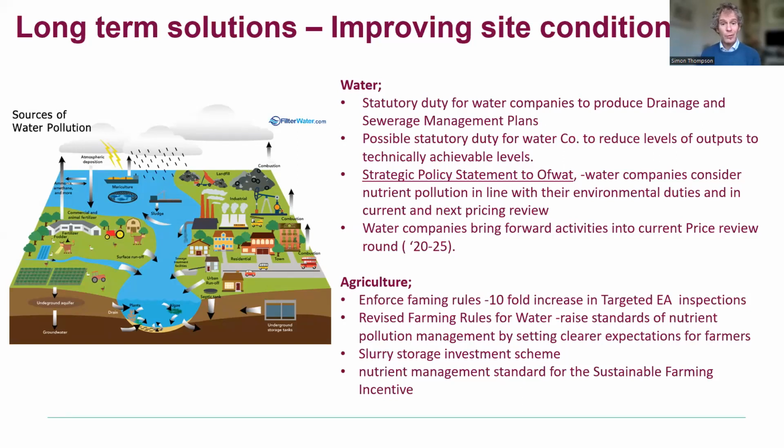Then on the agricultural side, we are seeing a significant increase in EA inspections and the number of EA inspectors, changes to farming rules for water, the slurry storage investment scheme, which has either just been or is about to be launched, and the nutrient management standard for the sustainable farming incentive. So there is a lot of action going on.